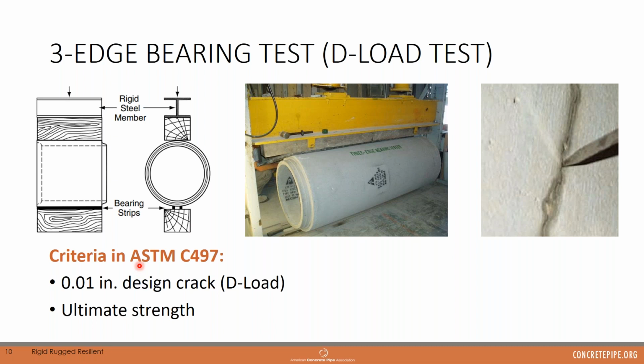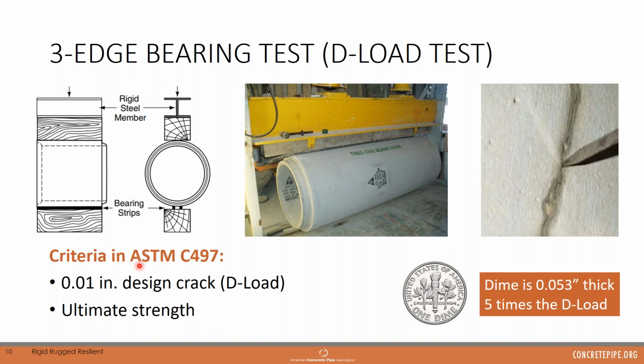It doesn't mean that the pipe is being overstressed or has failed at all. It's just an arbitrary value that's only meant to provide consistency in our quality control tests. So it doesn't matter which plant you're doing the test in, we're all looking for exactly the same crack width.